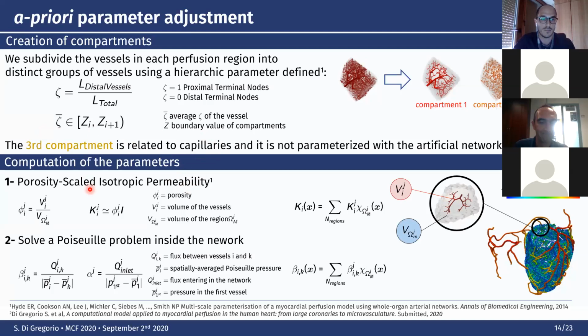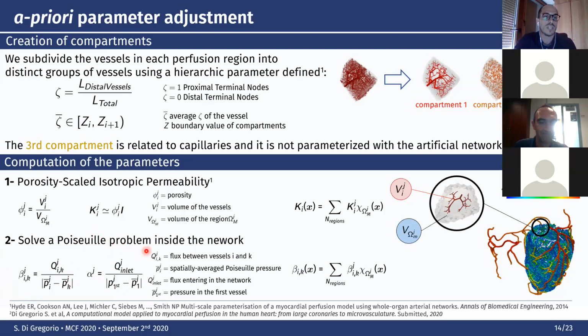Then we need to estimate beta k and alpha j, and to do that, we solve a Poisson problem inside the network. We estimate beta k as the ratio between the flow going out from the vessels of compartment i to the vessels of compartment k, over the difference between the average pressure in compartment i and the average pressure in compartment k.